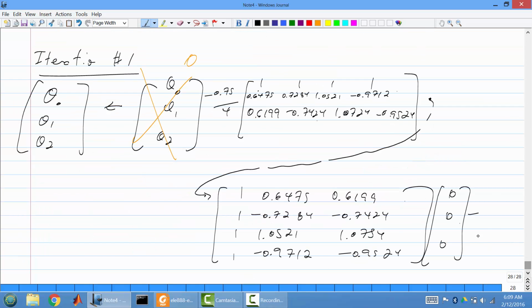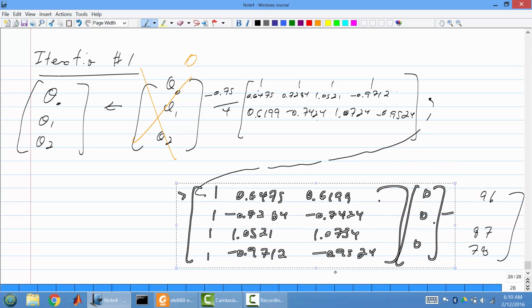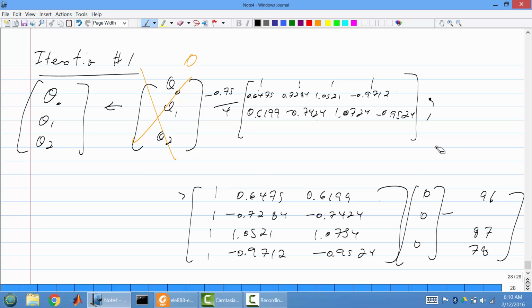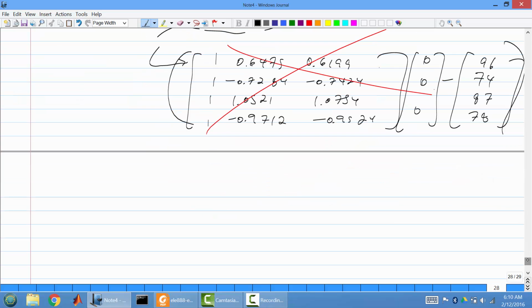It's not copying the 74, I'll just put it in myself. Whenever you take a matrix and multiply by the 0 vector, it just goes to 0, so that goes away. Now we're just left with a minus of this vector, and remember that you're multiplying everything by that. So this is the first iteration.